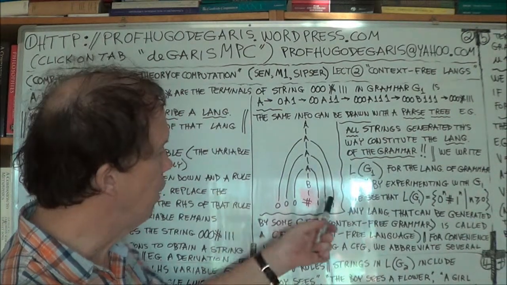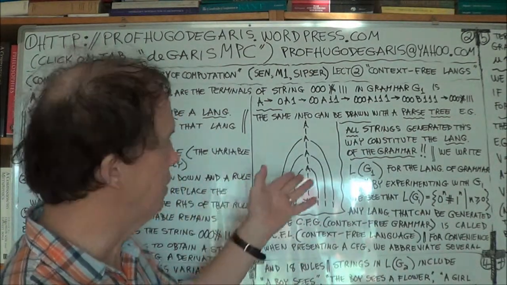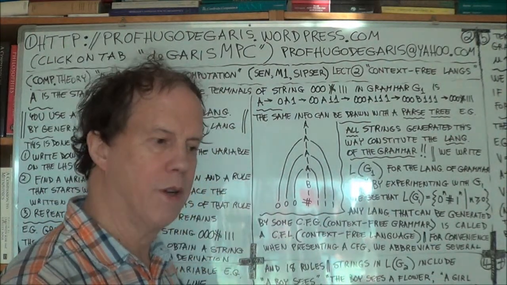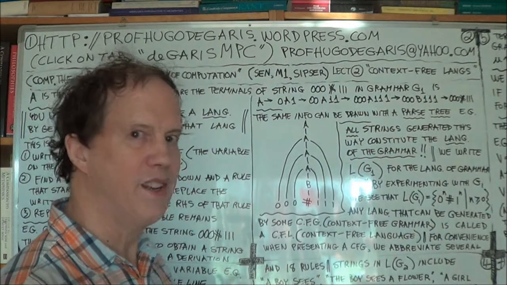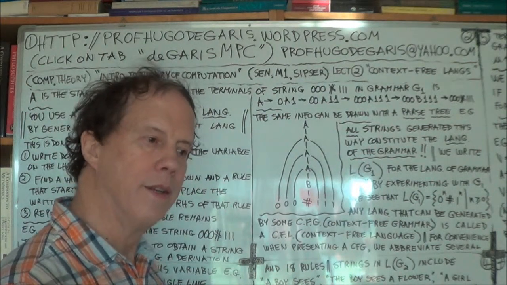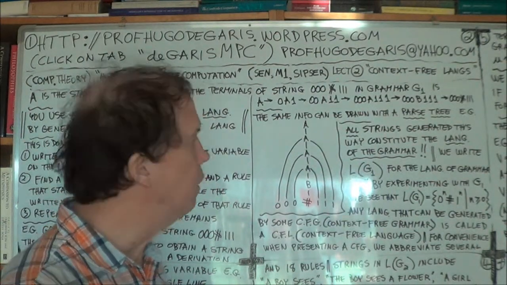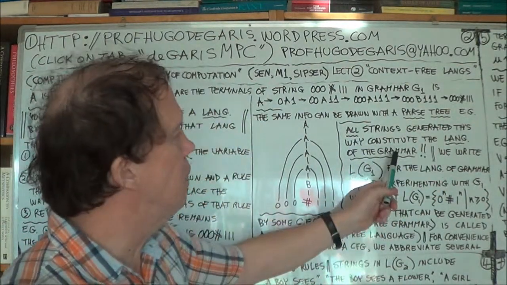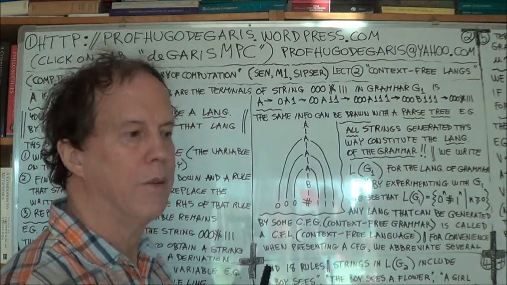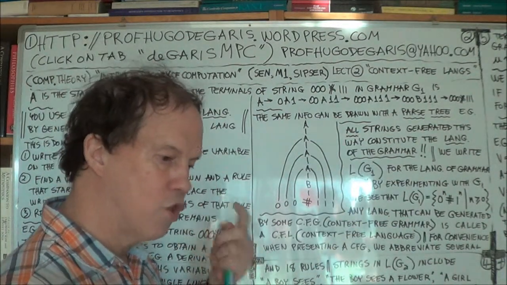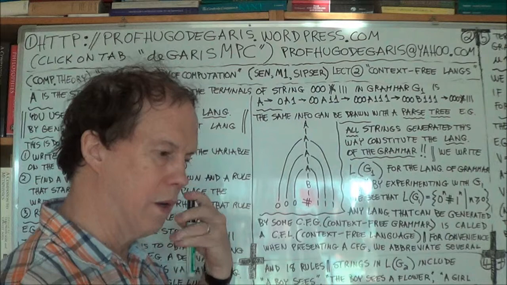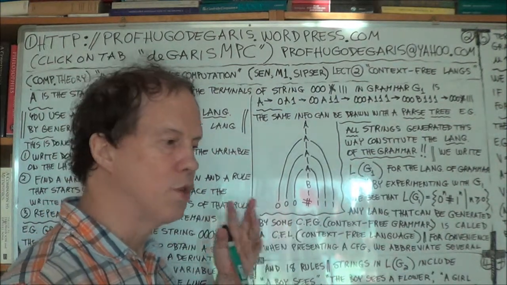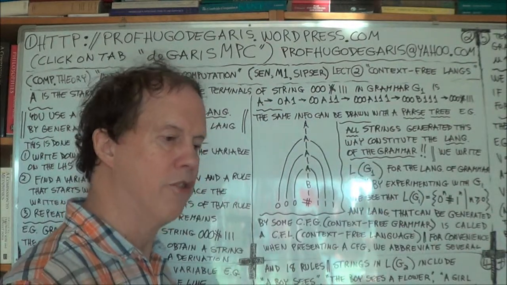Now you can derive an infinite number of strings. So the set of all strings that you can derive from the grammar, by definition, is called the language of the grammar, meaning the language of strings that are derived from the grammar. Okay? So the language is just all strings that your grammar generates.